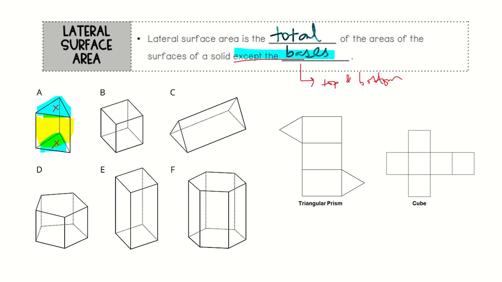Okay, same thing for the remaining ones. On letter B, I'm going to shade the lateral surfaces. That would be everything on the side. We do not want the bases, the top or the bottom. I'm trying to show you through the box there that we don't want that bottom. So just the sides.